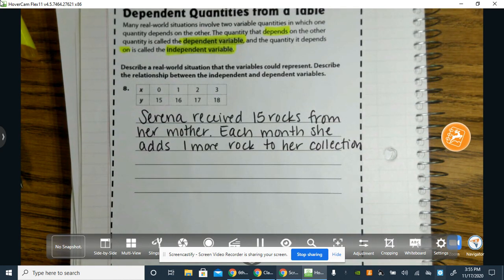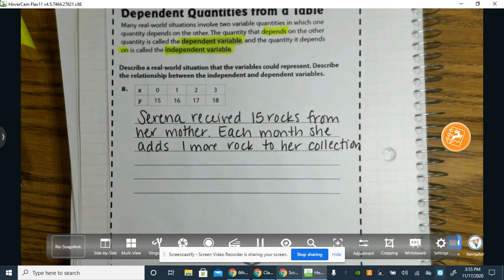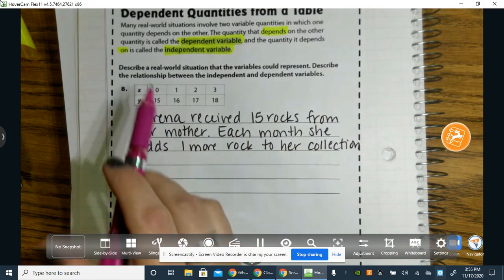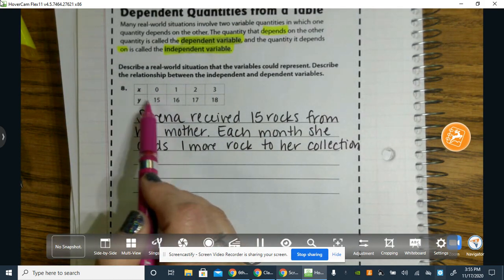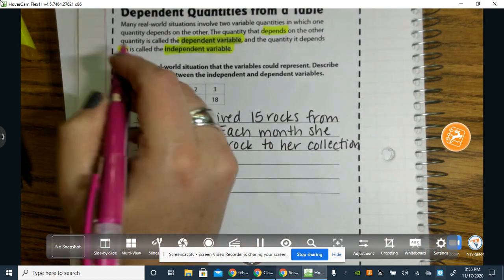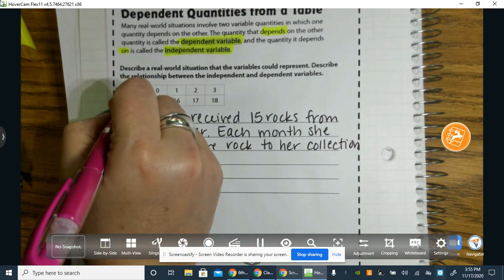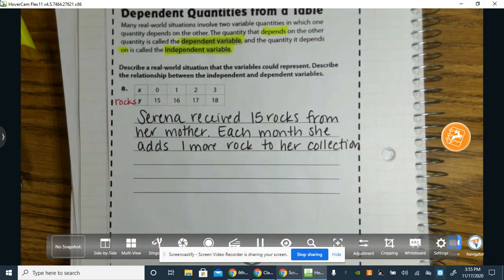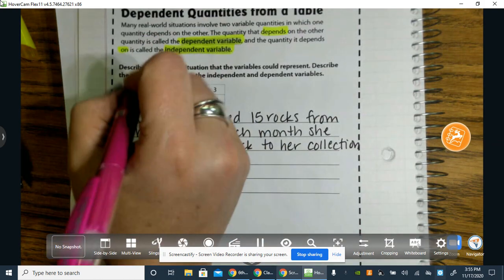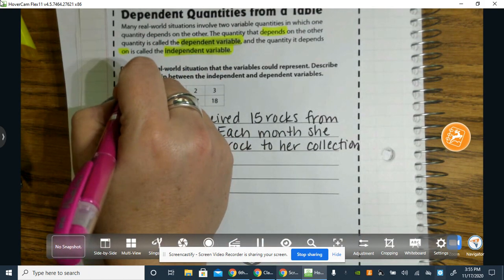Okay, so if I'm looking at this, I'm looking at my X and I'm looking at my Y. So 0, 15. Well, 15 is what I started with. These numbers represent my rocks, making X represent my months.